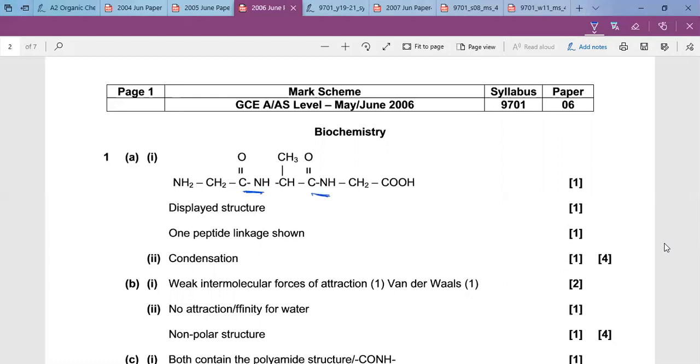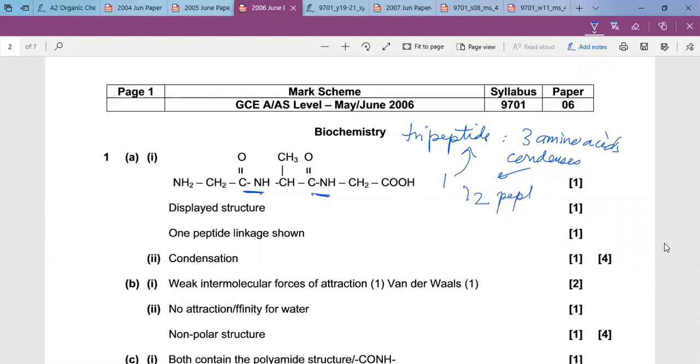So for a tripeptide, that means three amino acids combine or condense, and it forms one tripeptide and two peptide linkages. Very important, they ask you to calculate the linkages, and two waters given up.